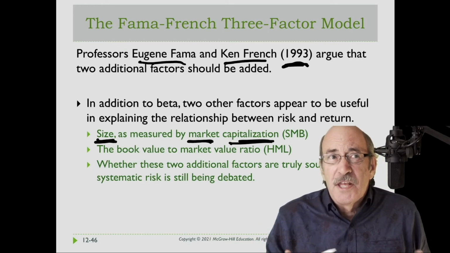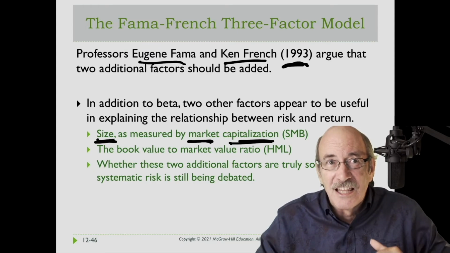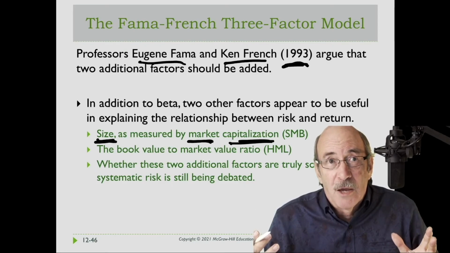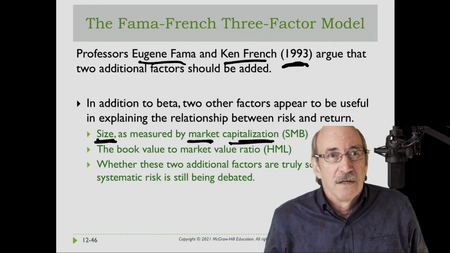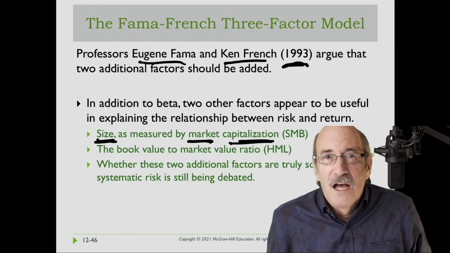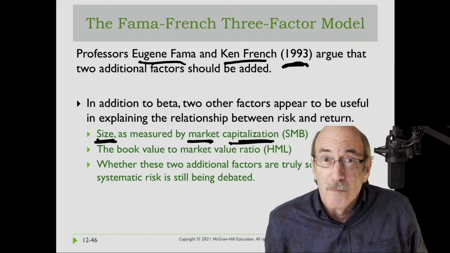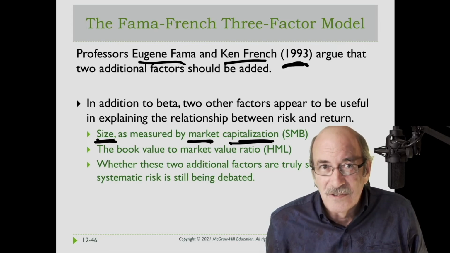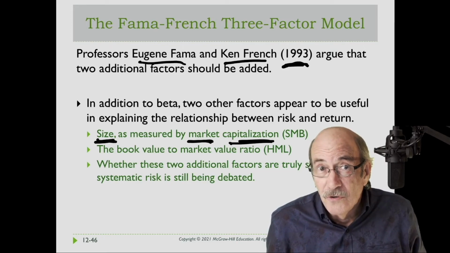Because what we saw in the data was that small market cap firms had a lot higher returns than high market cap firms. But beta didn't capture that. So if we got a beta of a small cap firm, it would outperform. Well, that's not right. Not if we see a consistent relation between capitalization and returns.